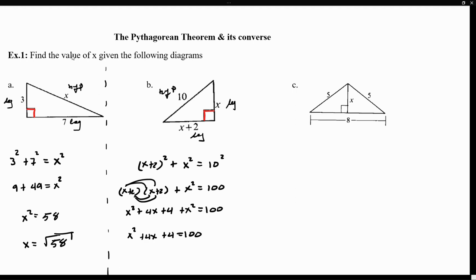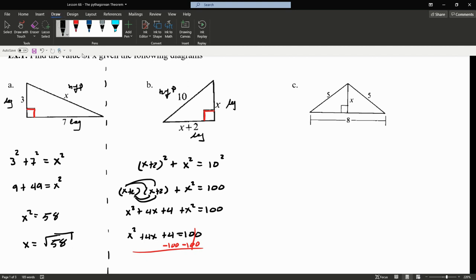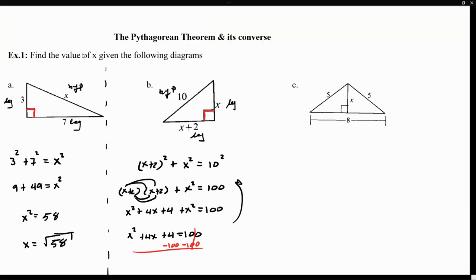We definitely want to solve for x, so let's make our equation equal to 0 by subtracting 100. Now this becomes x squared plus 4x minus 96 equals 0.